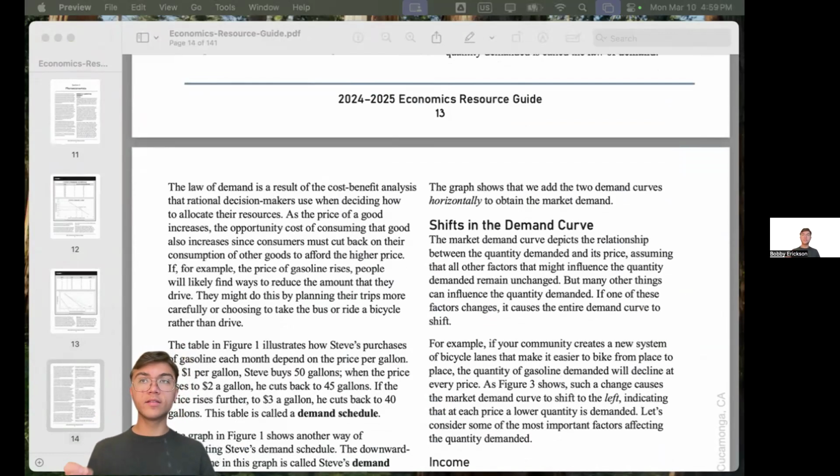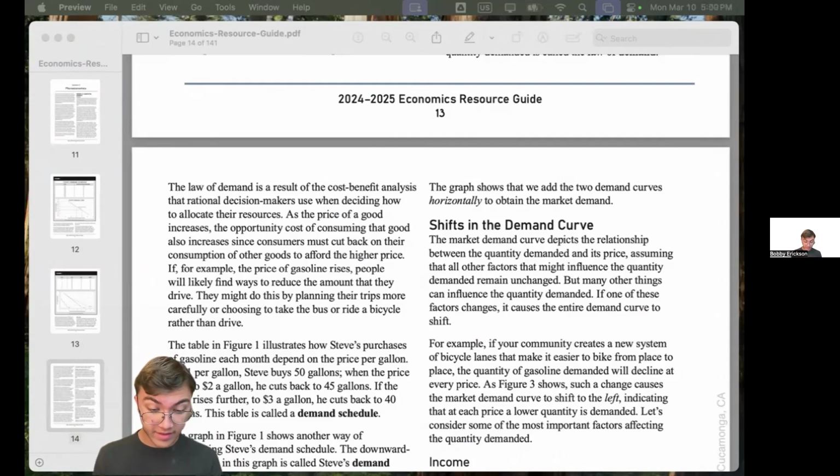Now, what is the law of demand a result of? Well, it happens because of the cost benefit analysis that rational decision makers do, so we're assuming that people are rational. If someone is rational, then they will do cost benefit analysis when deciding how to put their resources towards certain things.